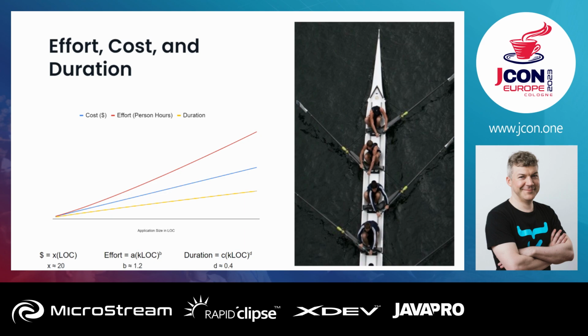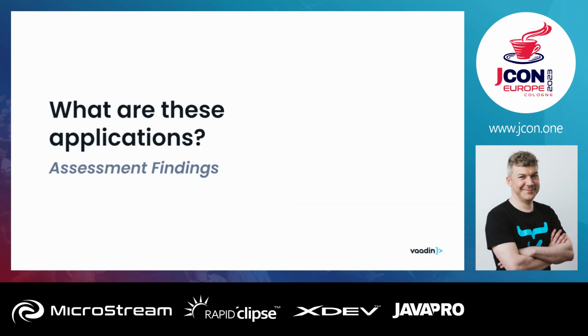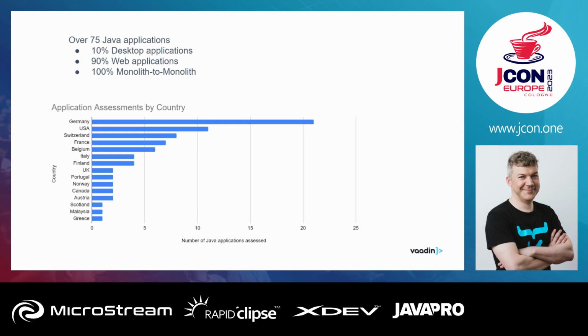But to get some insight into what kind of applications these would be applicable to, we're now going to switch to some research from Vaadin itself, and specifically some of the results that we've had from the migration assessments that we've done in the past 5 years. Okay, first I'll introduce the migration assessments at Vaadin and what sort of work that we've done, and what characteristics these applications have.